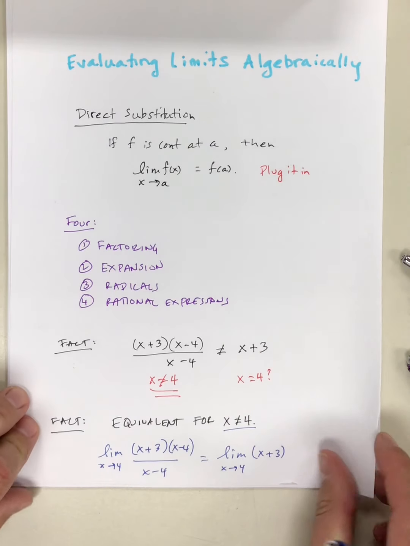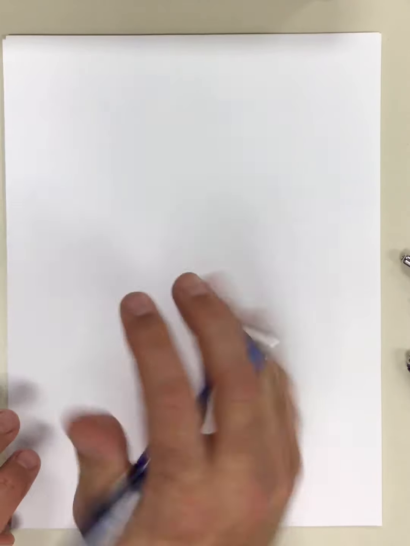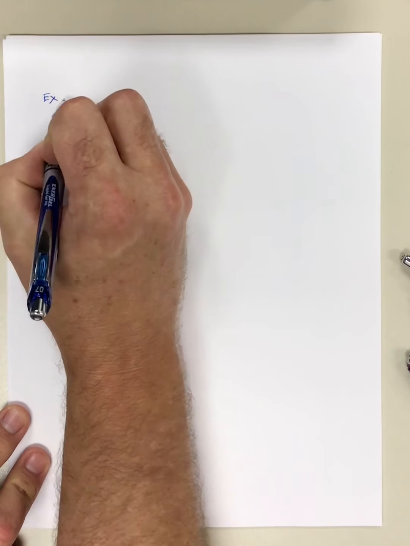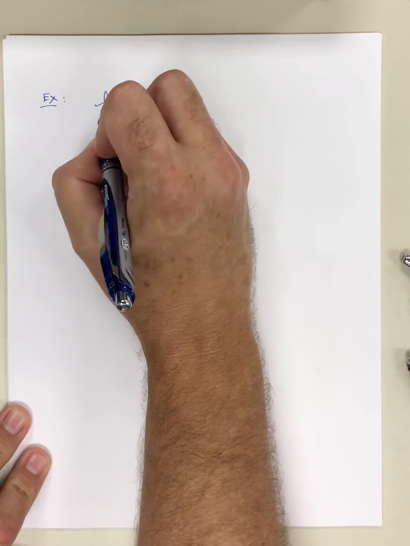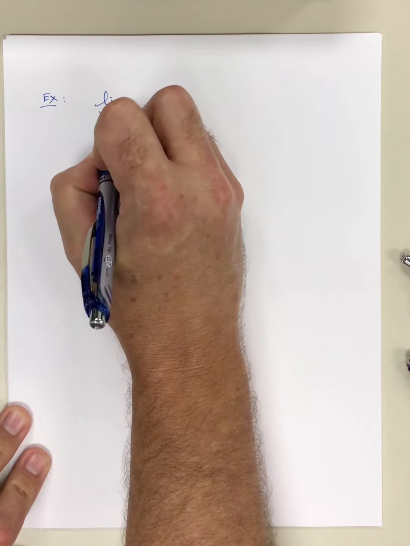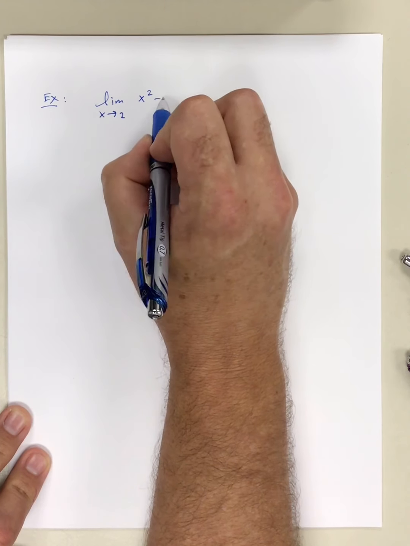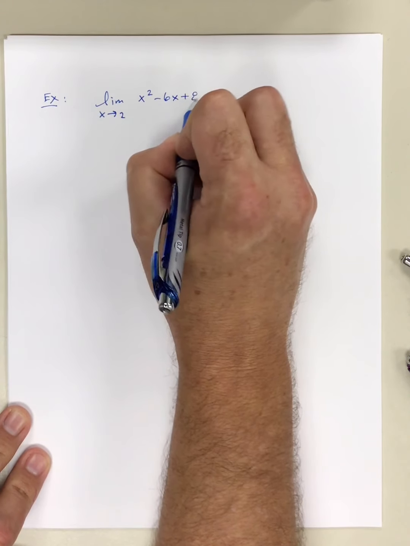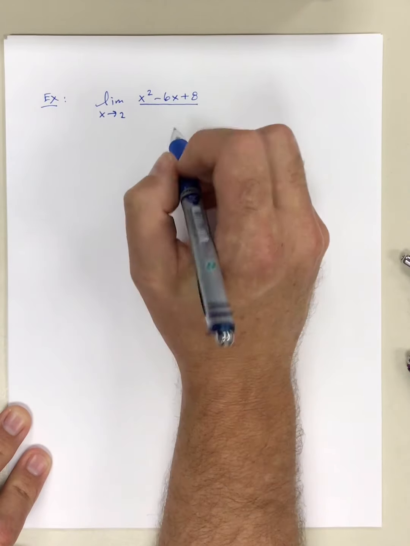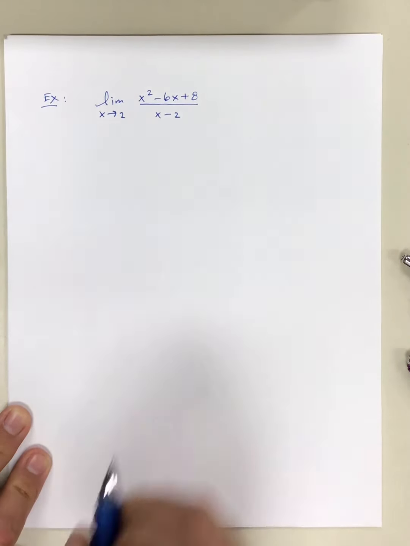So here's an example of how we're going to use this factoring strategy. Let's take for an example a problem like the limit as x approaches 2 of x squared minus 6x plus 8 all over x minus 2.